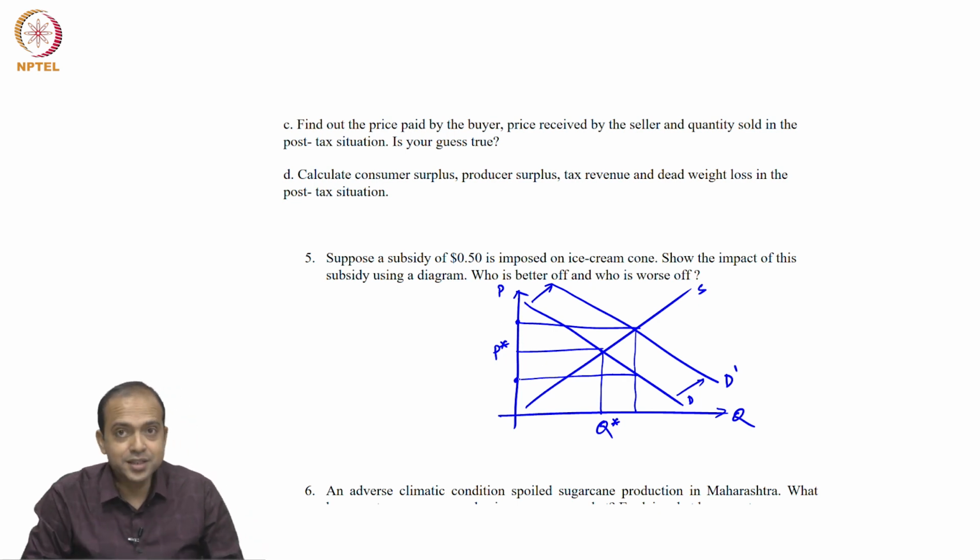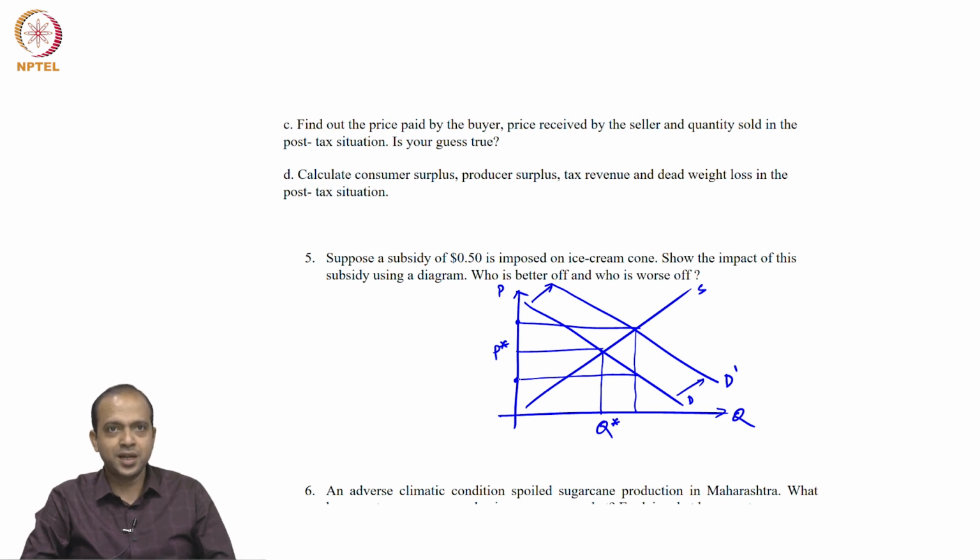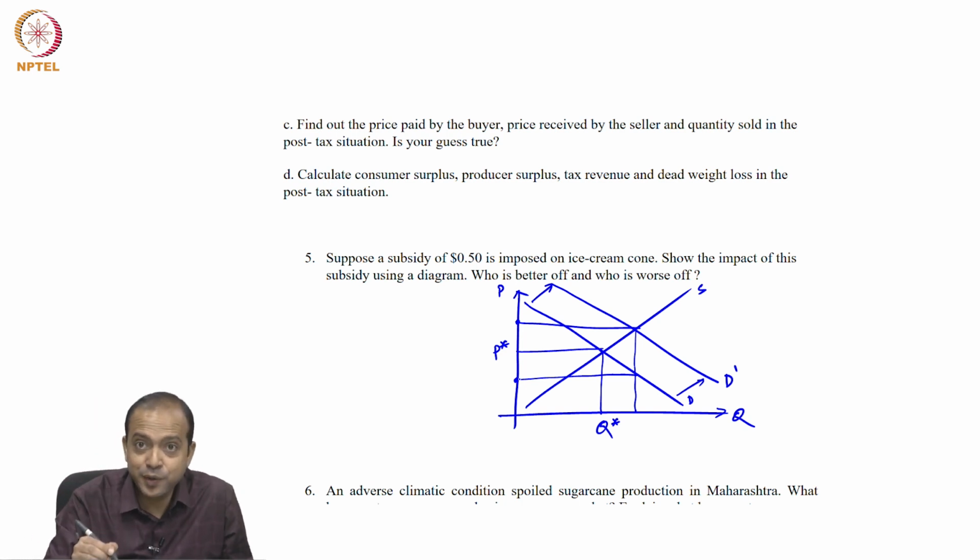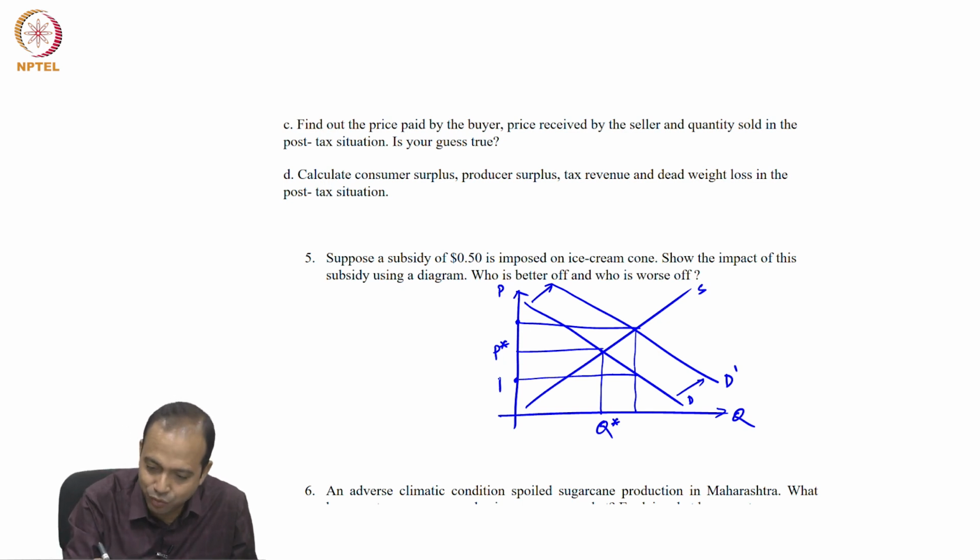In the case of taxation, what we saw was that the price paid by the buyers was increasing and the price received by the seller was decreasing. So, here what will happen? The price paid by the buyers will come down.